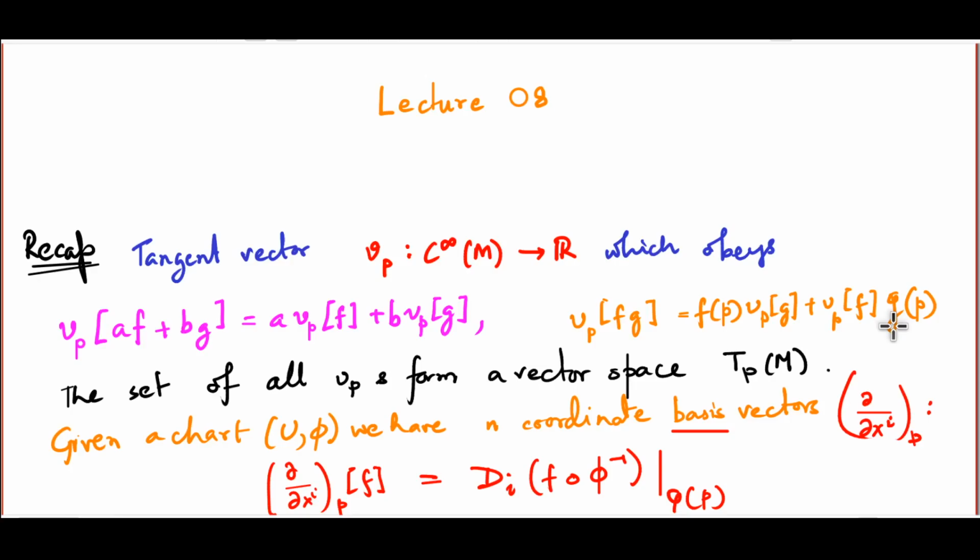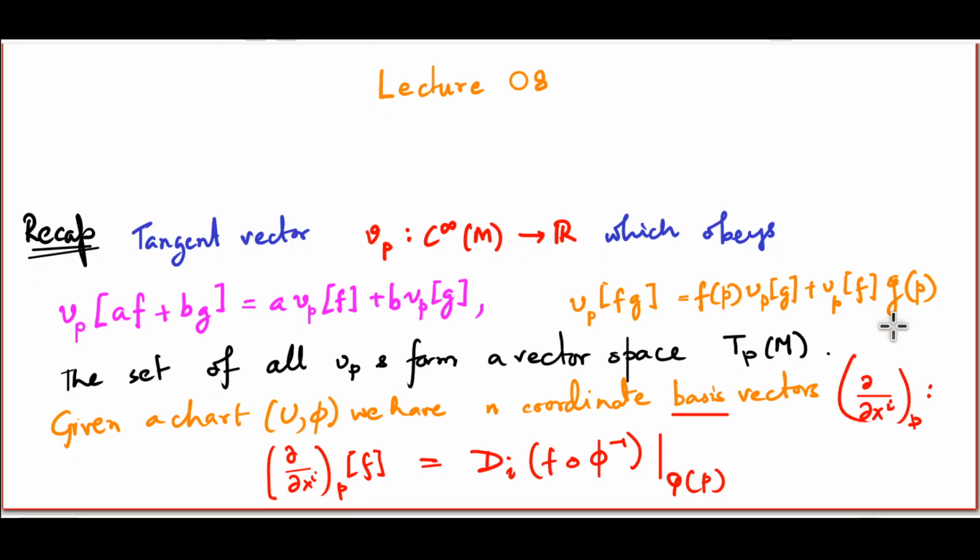These tangent vectors are denoted by del xi at p, and the way they act on a function f is as follows. The function f of course is defined on the manifold, but using it we can define the proxy function f composite phi inverse, which actually acts on phi of U, a bunch of n real numbers.